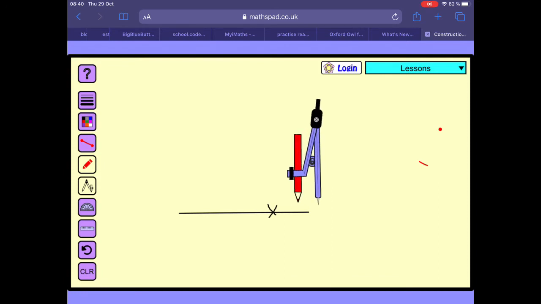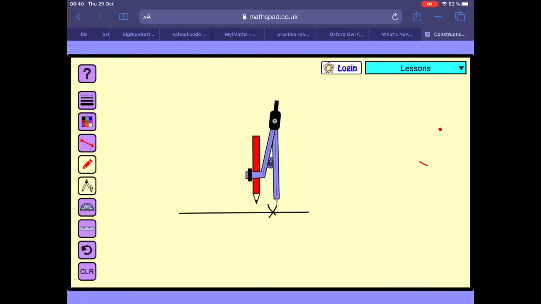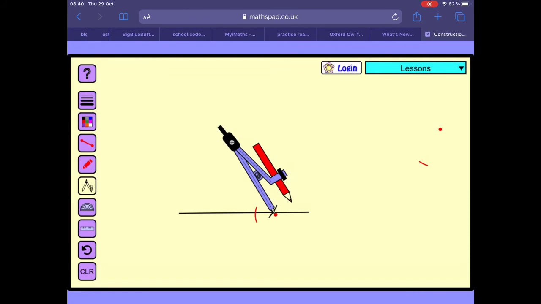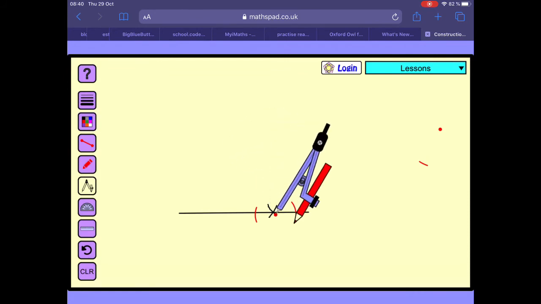So I put the needle of the compass on the point. My drawing is not that accurate, but you can do it perfectly. Okay. And I'm going to draw one arc here, and I am also going to draw another arc there. That's not complicated. Needle on the point, one arc either side.